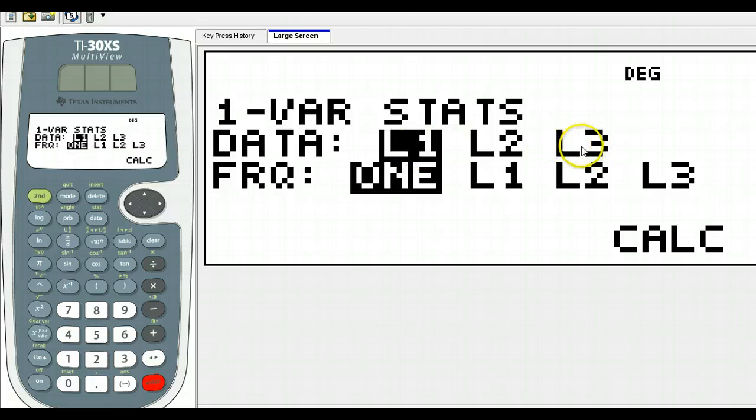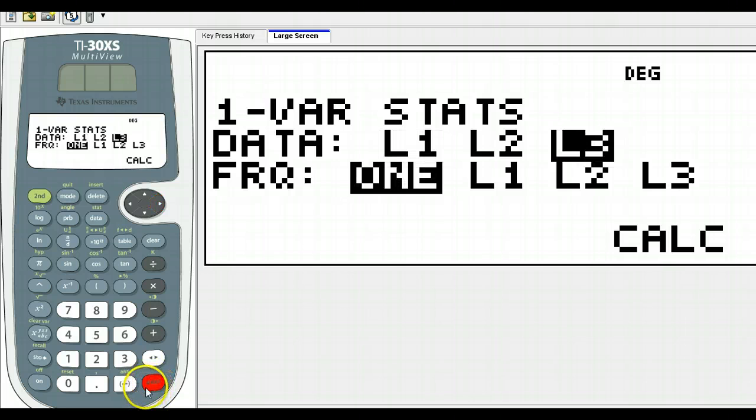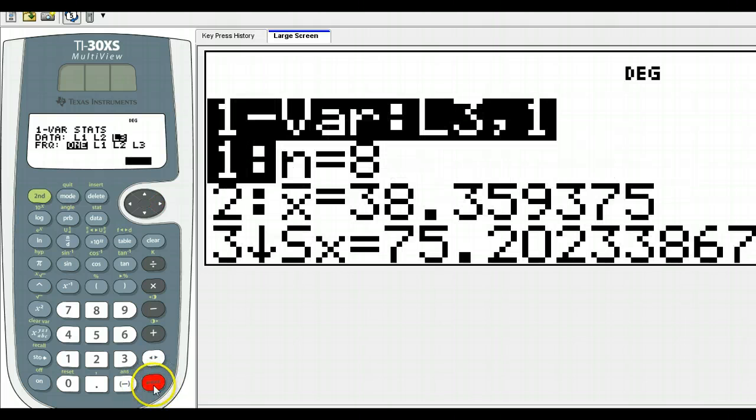The data that we want now is in list 3, so you have to shift over to list 3. That's the only thing you have to watch out for. Hit enter 3 times. Now ignore everything except for the mean. So the mean is 38.36. Okay, so let's just write that down.